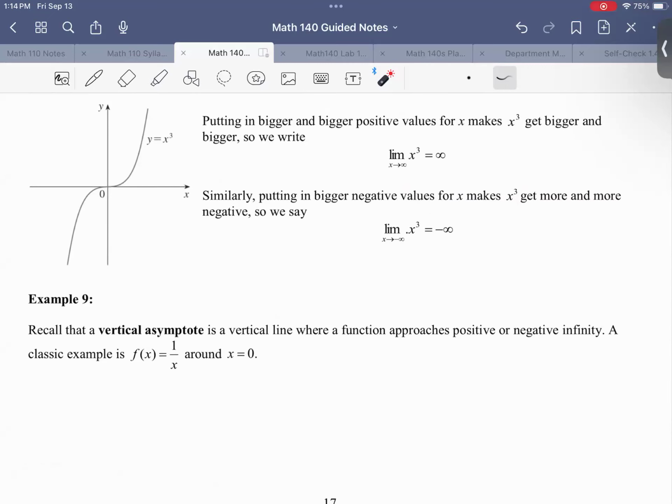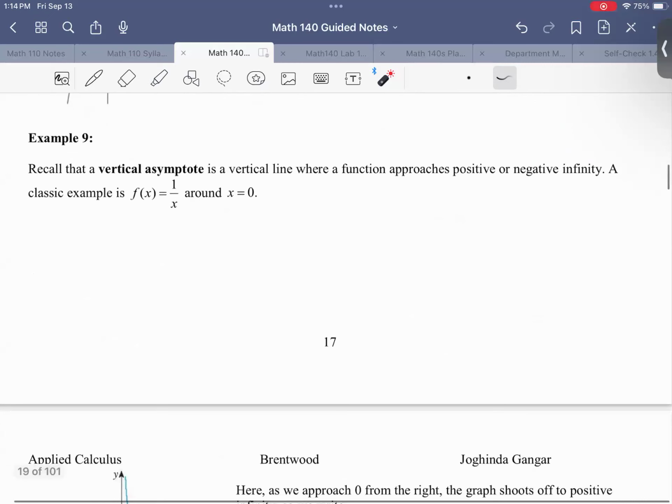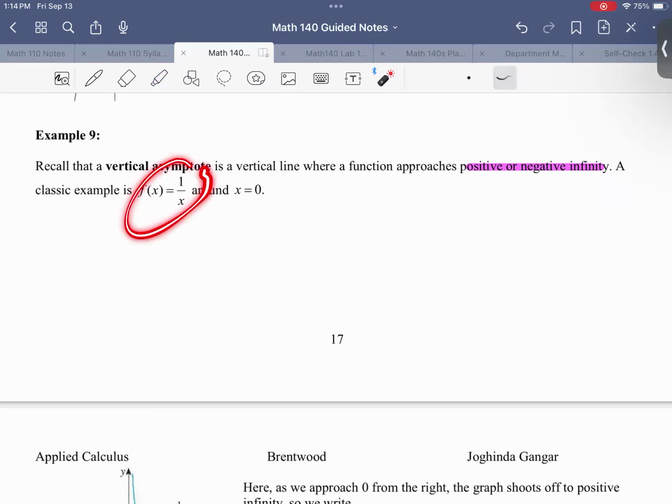Recall from the previous page about vertical asymptotes that a vertical asymptote is a line where a function approaches positive or negative infinity. The example we already checked out was f of x equals 1 over x on the previous video.